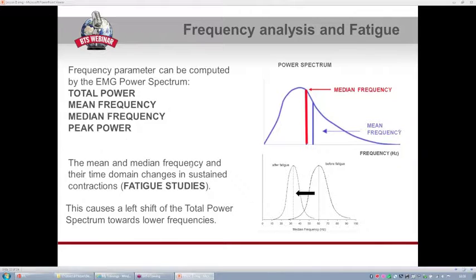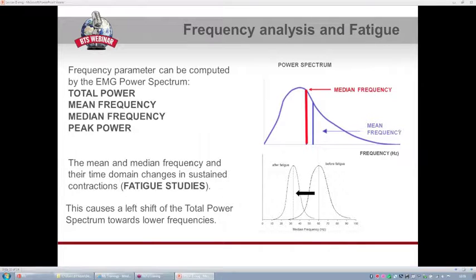We can compute the total power as the integral, so the area under the spectrum curve, or the median frequency, that is the frequency value that divides the total power of the spectrum into two equal parts. Then we can also compute the peak power value, that is the maximum value of the power spectrum curve.